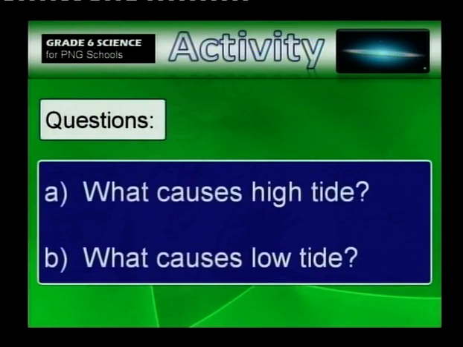After copying down the questions, then you discuss among your group members and you try and identify the causes of high tide and the causes of low tide. I will give you 5 minutes to discuss and answer these two questions.